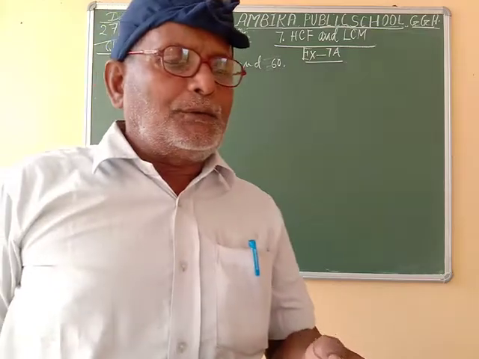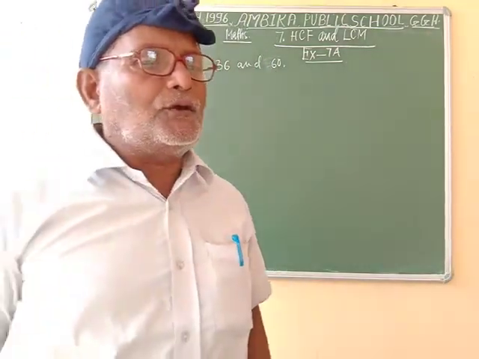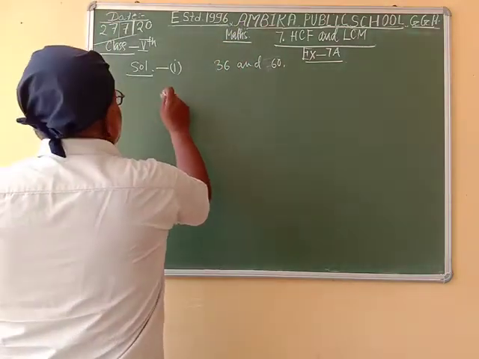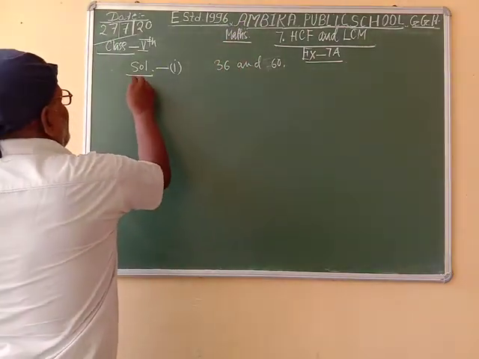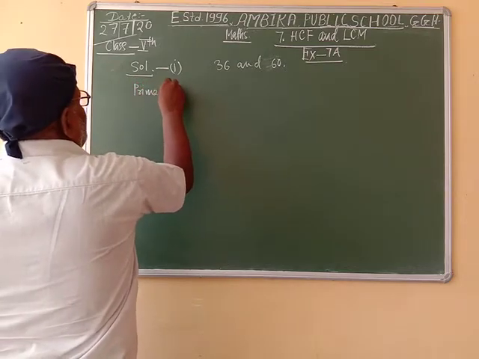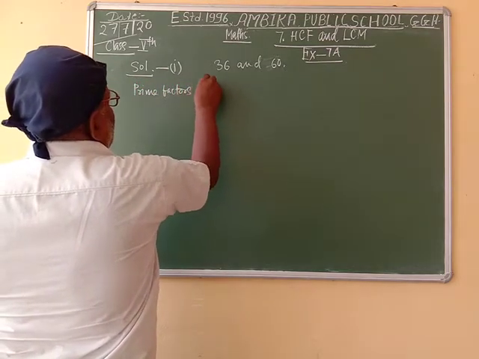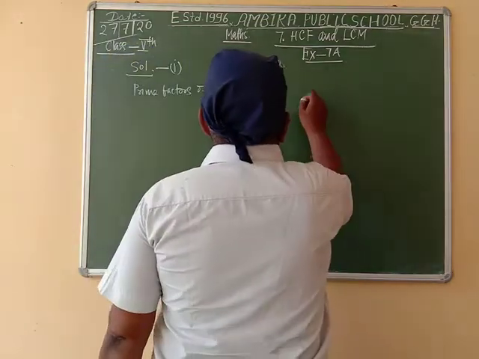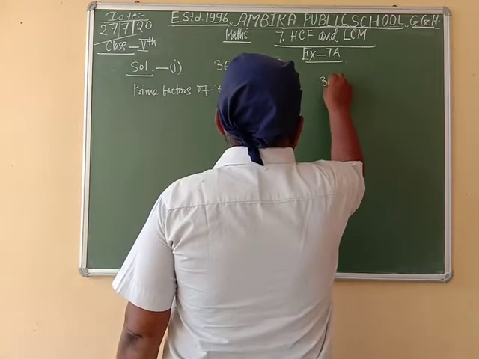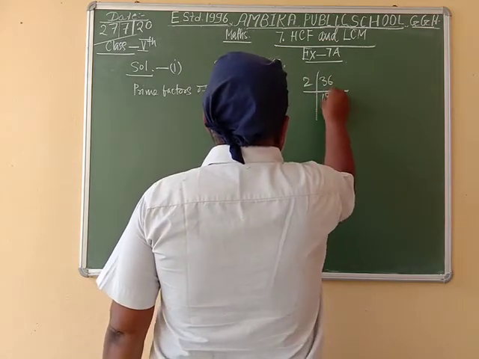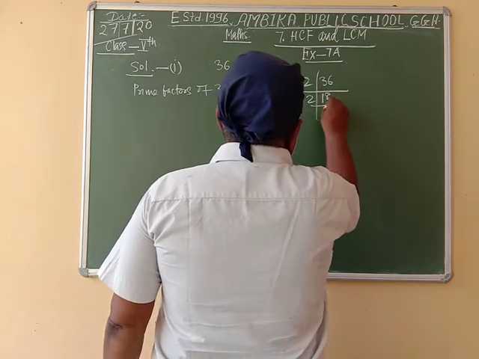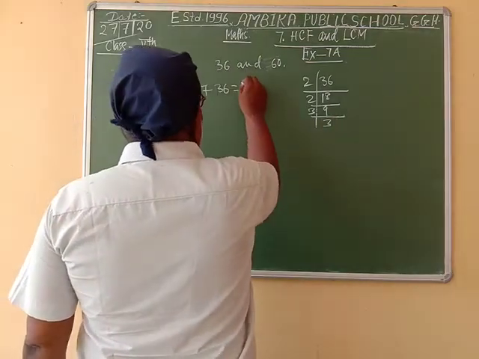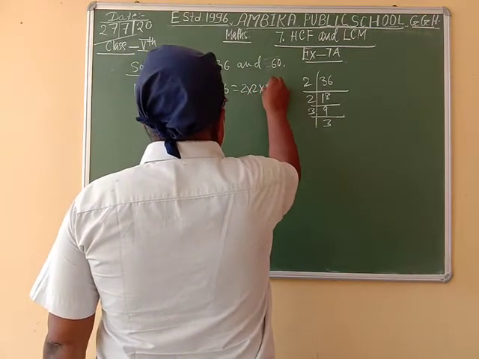First of all, we find the prime factors of 36. Prime factors of 36: 36, 18, 9, 3, 3, which is equal to 2 into 2 into 3 into 3.